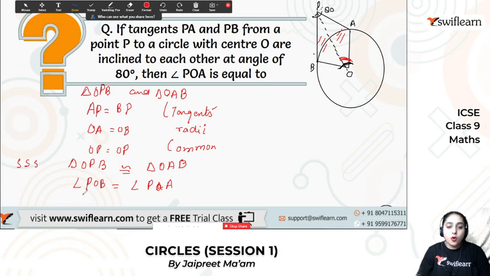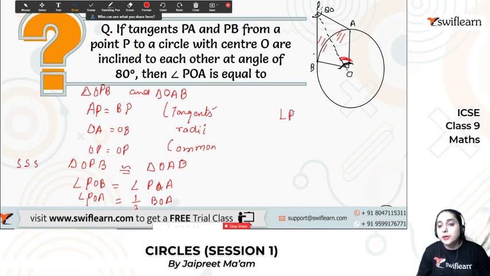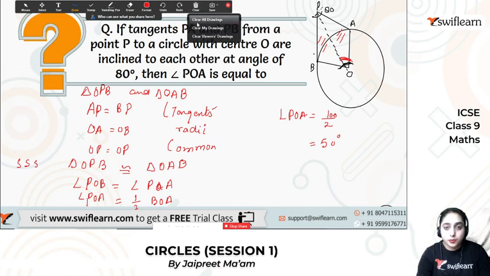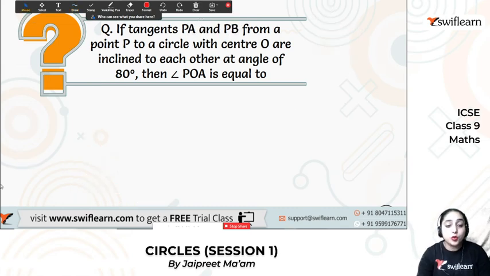And we know POA is half of angle BOA, which we have just found is equal to 100 degrees. So angle POA is half of 100, that is equal to 50 degrees. So 50 degrees is the answer, but for that you have to prove that two triangles are congruent.